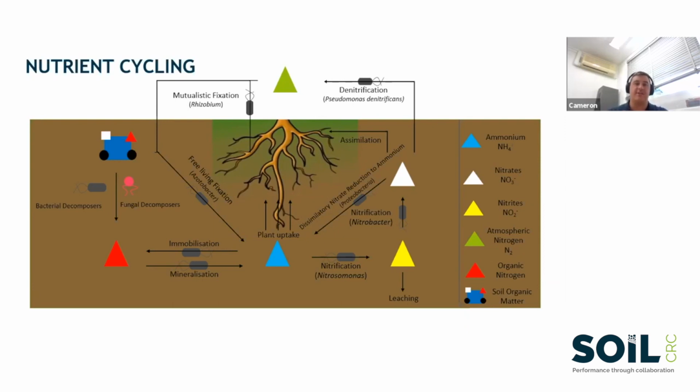And as you can see, the microbes are doing everything they can in some way to get the nitrogen into a form that the plants can take up, or turn it into atmospheric nitrogen, and then the plants will either directly fix that, or it'll end up back in the soil or back into some other organic matter, which will then go back into decomposition and back into organic nitrogen.